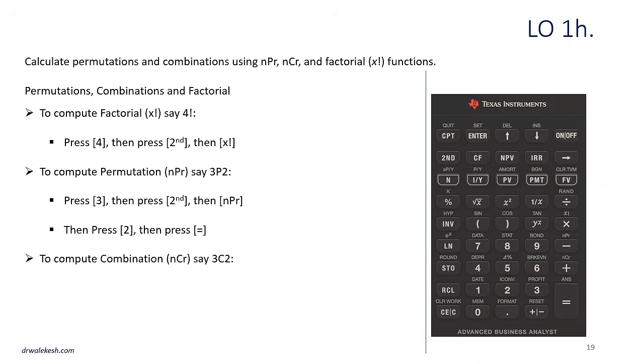Moving on to the formula for combination. N combination R is equal to n factorial all over n minus r factorial, then r factorial.